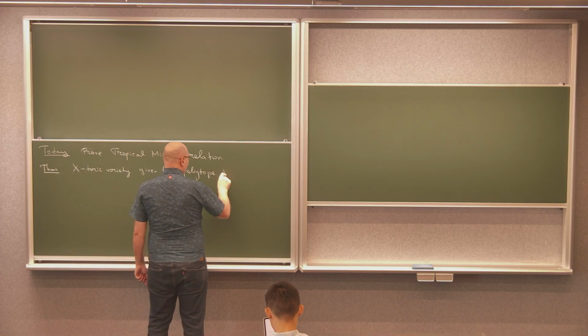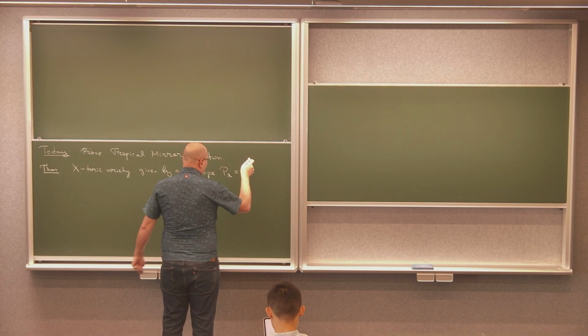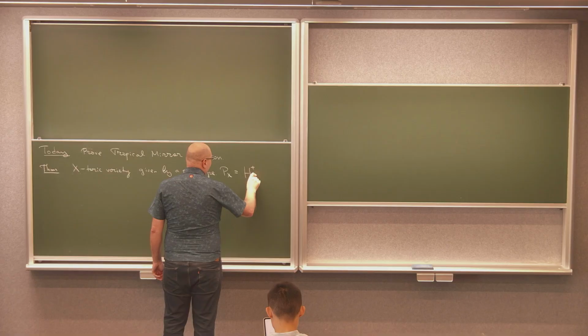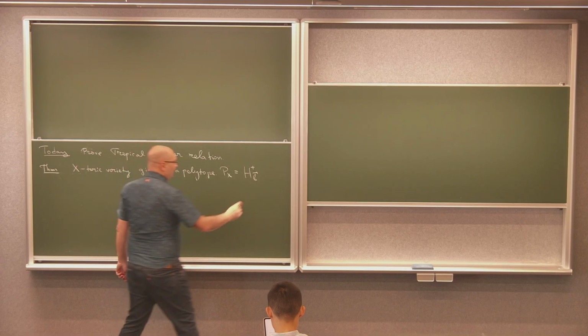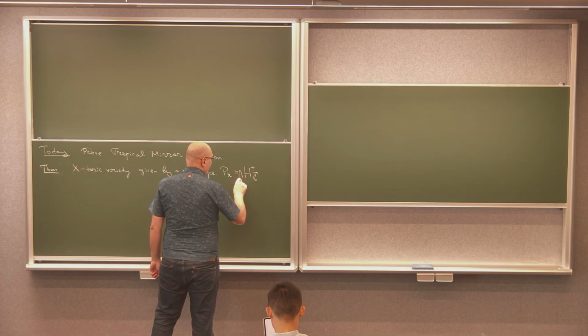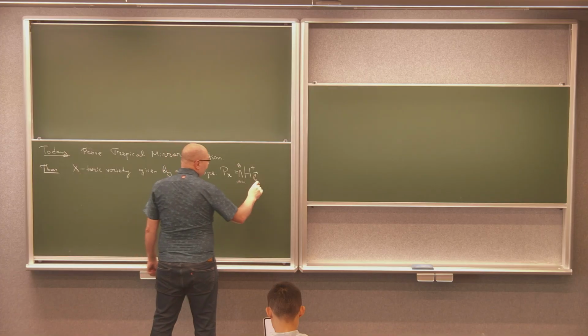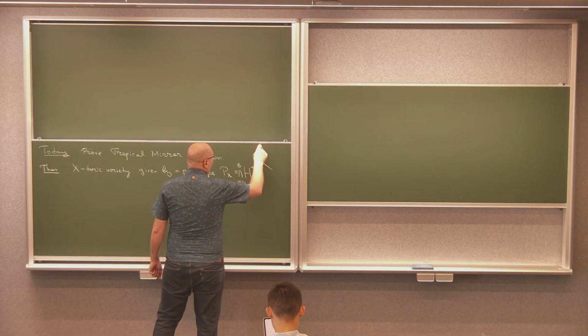And the polytope itself, Δ_X, is essentially the intersection of half spaces labeled by a collection of integer vectors, say v_a, a running from 1 to, I think we call it capital B. So that is our toric variety.